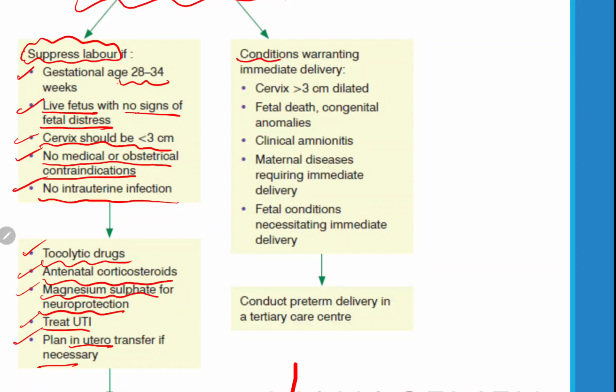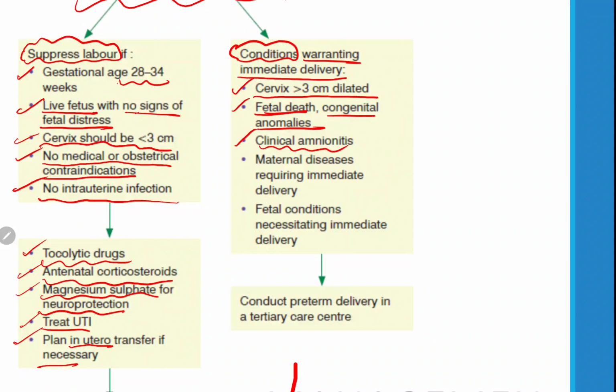Now, there are conditions that warrant an immediate delivery. What are they? First, the cervix is more than 3 centimeter dilated. There is fetal death or congenital anomalies. There is clinical amnionitis.